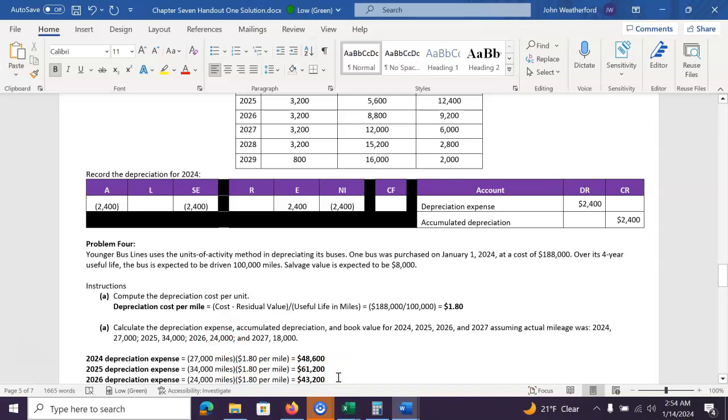Now, I mentioned earlier, we can't depreciate an asset below its residual value. So in this last year, instead of just multiplying the rate times the number of miles, what we'll do is add up depreciation already taken.